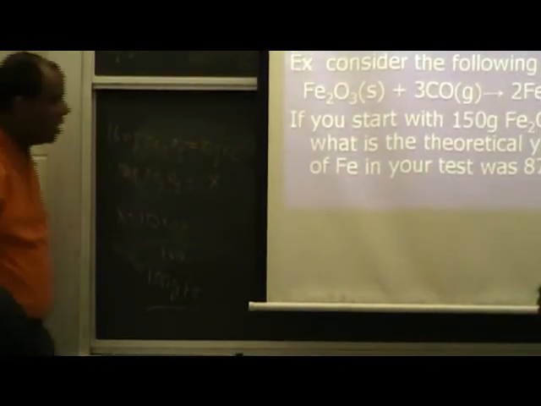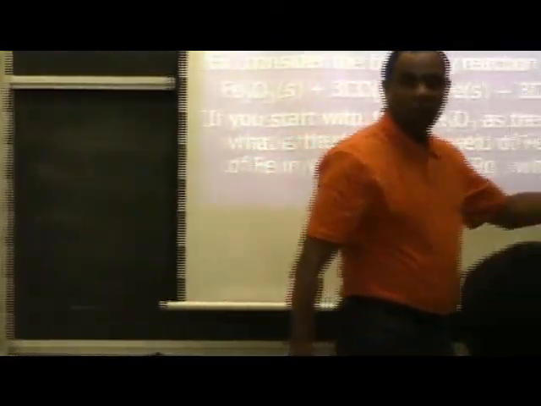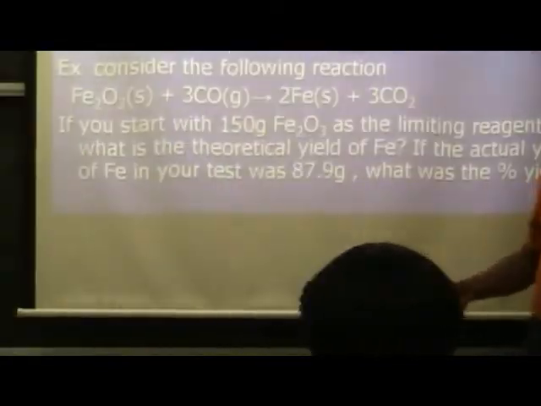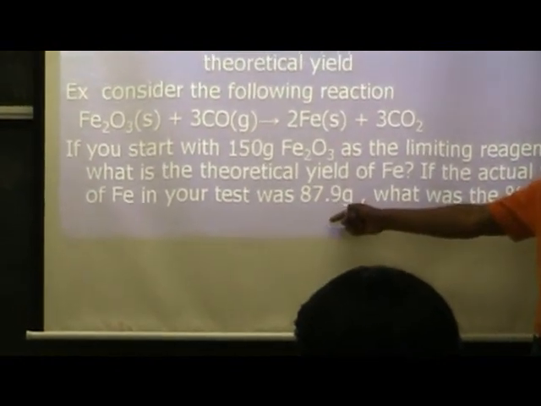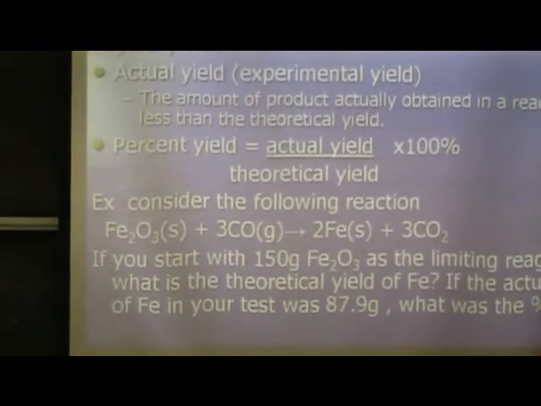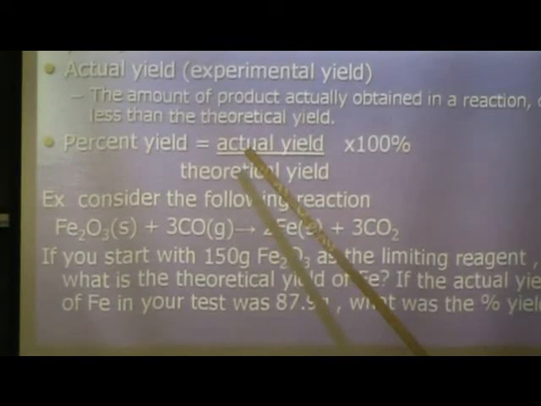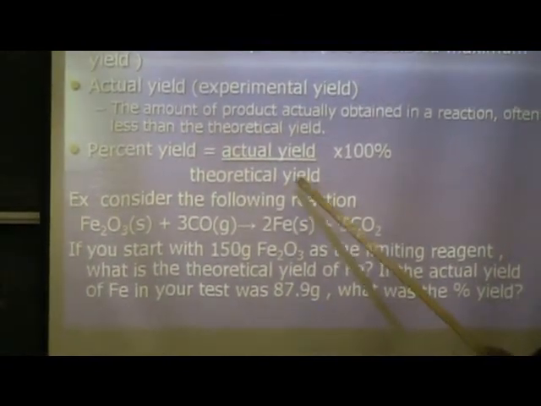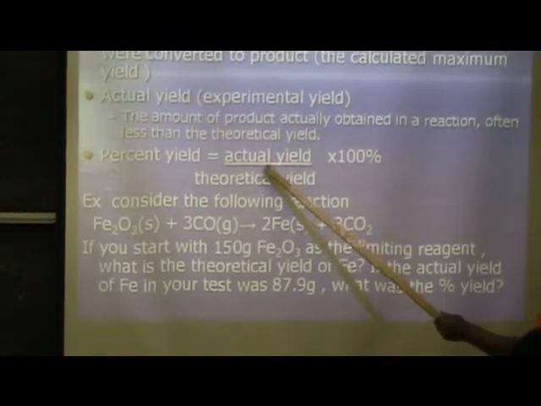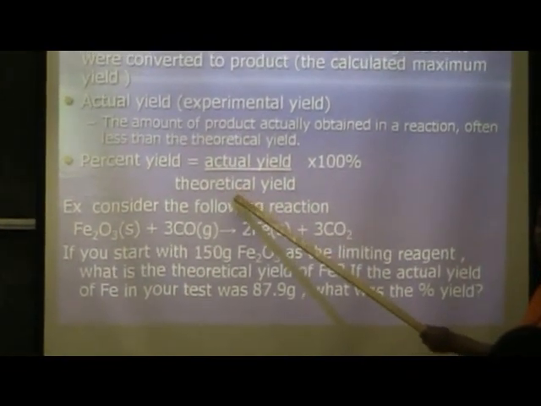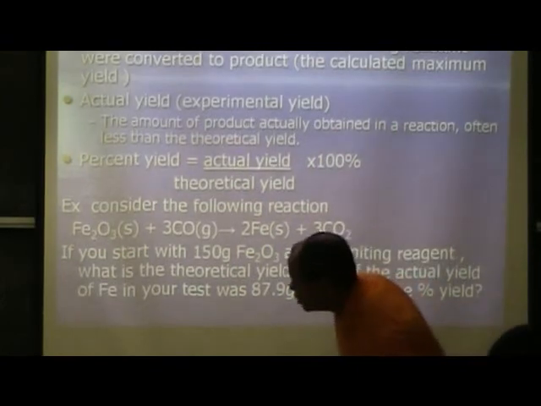That's the theoretical yield. But the actual yield, the experimental value when you do experiments, was 87.9 grams, which is much less than the theoretical yield, right? So you need to calculate the percent yield. What is the percent yield? 87.9 grams divided by 105.